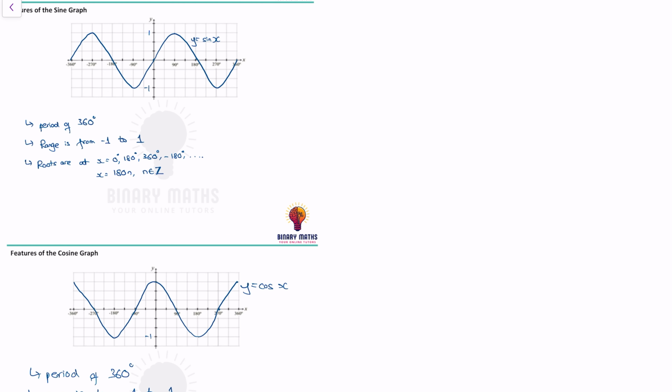If I start off with 90, which is the first one, plus or minus 180 lots of n, where n is an element of the integers, that means 90 plus 180 times 0, 90 plus 180 times 2, 90 plus 180 times -1. All of those will give you roots. And the main thing is these two graphs, sine x and cos x, are translations of one another.